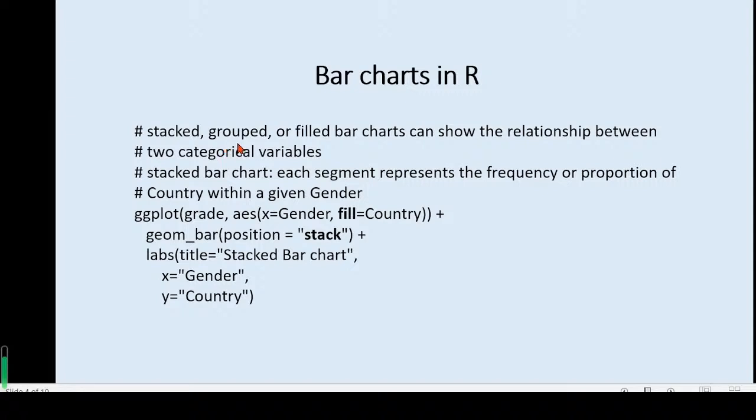And stacked, grouped, or filled bar charts. A stacked bar chart will plot each segment representing the frequency or proportion of, for example, country within a given gender. So we use ggplot, then x is gender, for example, then fill with country, then the bars will be stacked.